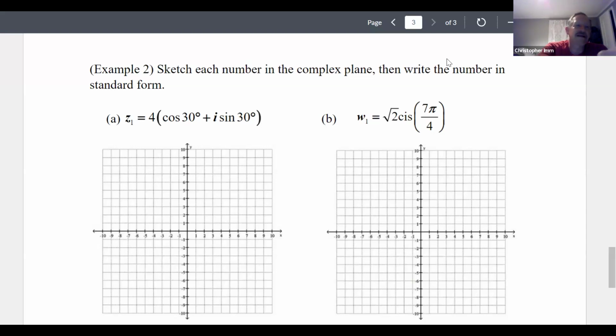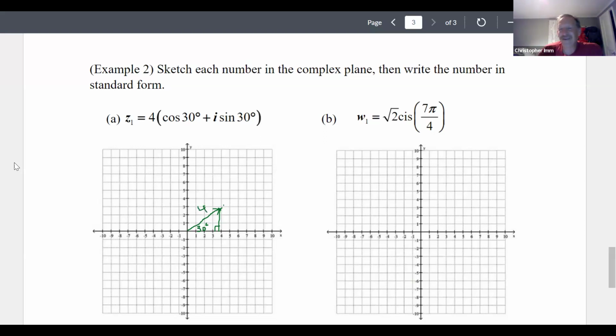So if I'm plotting this, I'm going to be going out a distance of 4, but I'm going to be at an angle of 30 degrees. So it'll be something like this, where I have 30 degrees for my angle from the positive real axis, and my length is going to be 4. So that's what my point would look like.